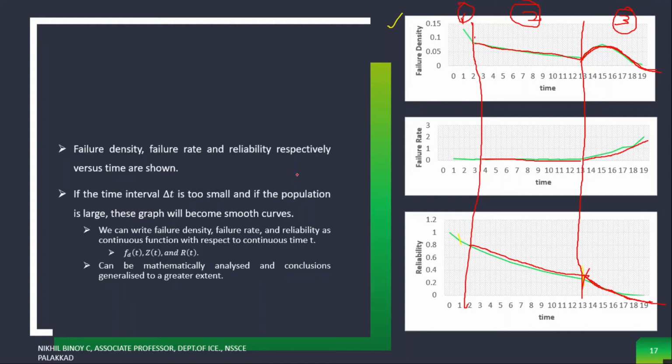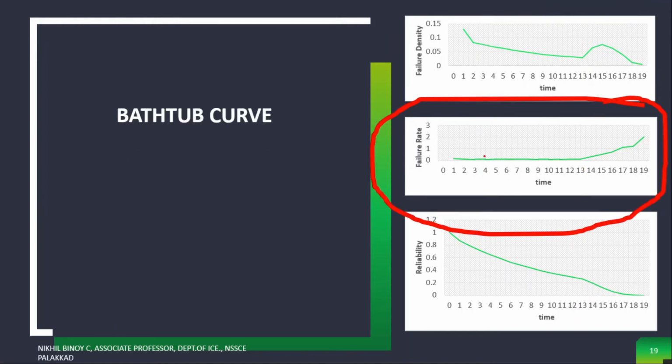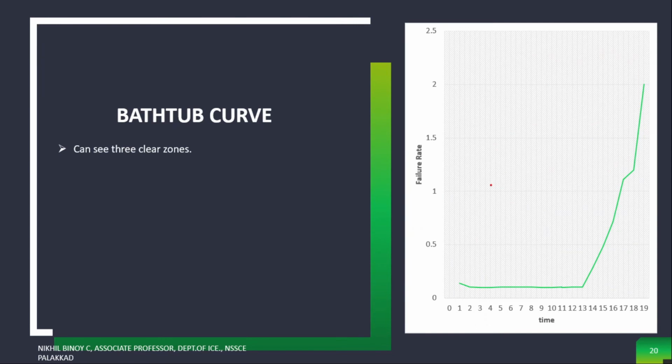Okay. So for our remaining discussion, we are going to consider this failure rate. I am going to zoom this failure rate. So this one is the failure rate.